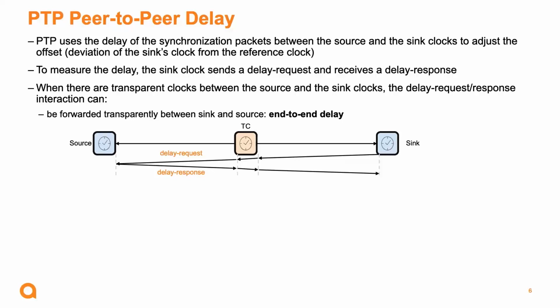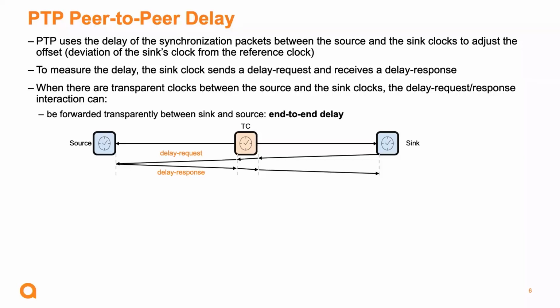So PTP uses the calculation of the delay between the source and the sink, so the source and the client of the PTP interaction, to adjust the offset that will represent the deviation that the sync clock is experiencing in reference to the source clock.